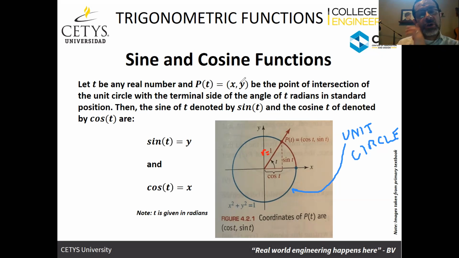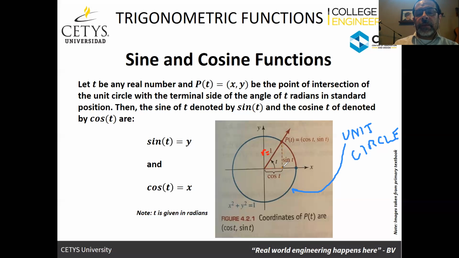And so for a unit circle, if we identify a value, and we're going to call that value t, which is basically the angle that occurs between the x-axis and any line that goes from the origin to any point in the circle. And that line is always going to have a radius of 1. We're going to automatically have a right triangle generated here for that angle.